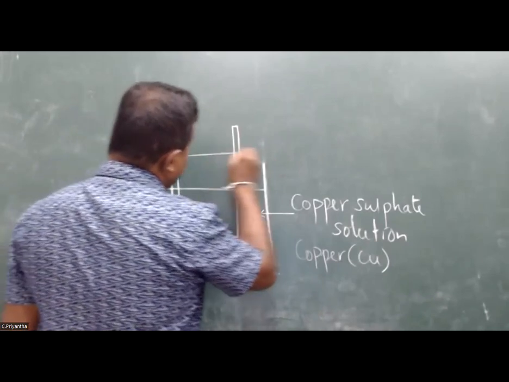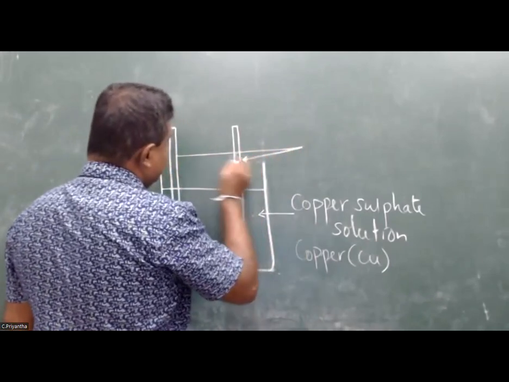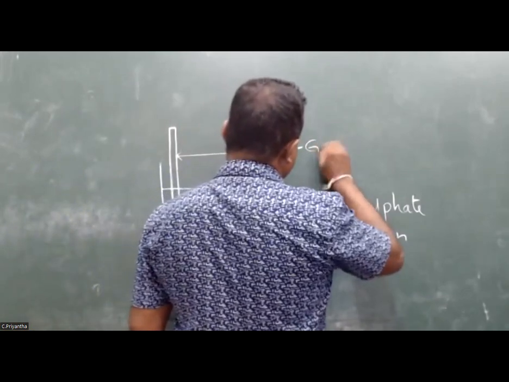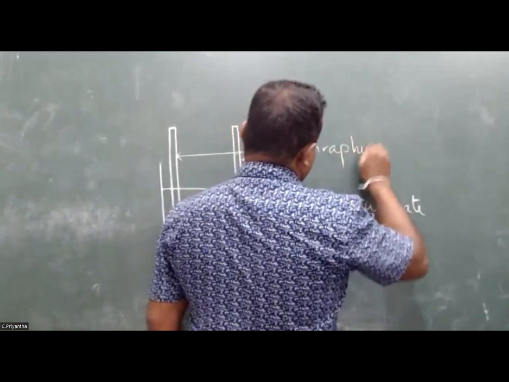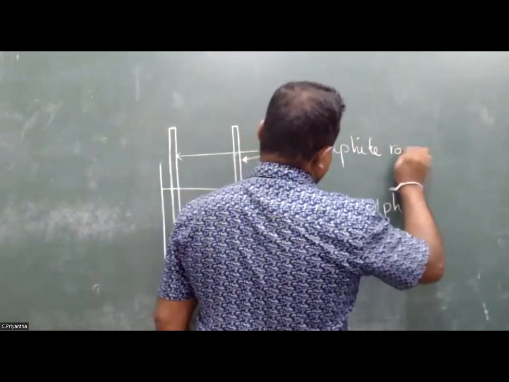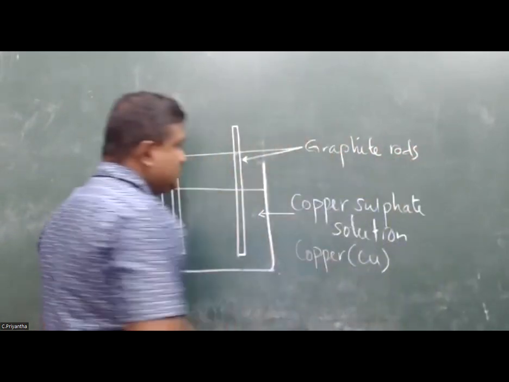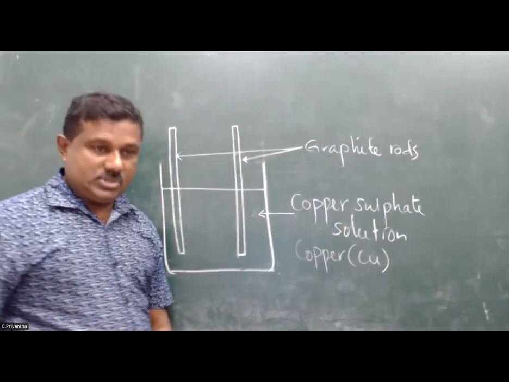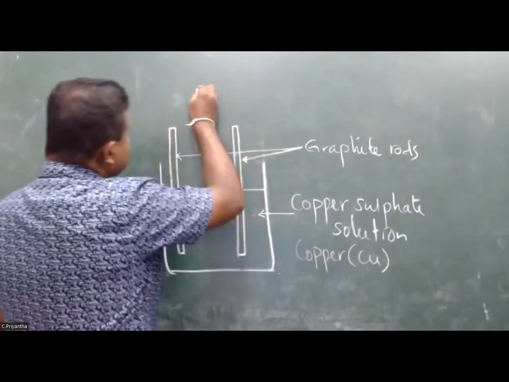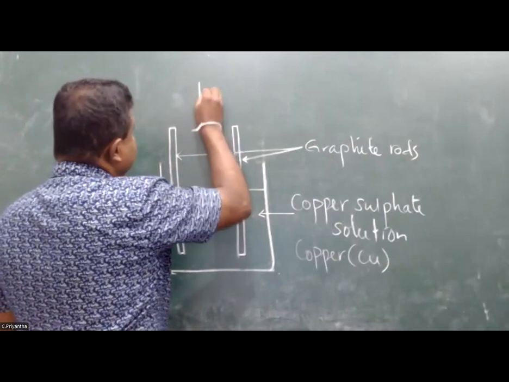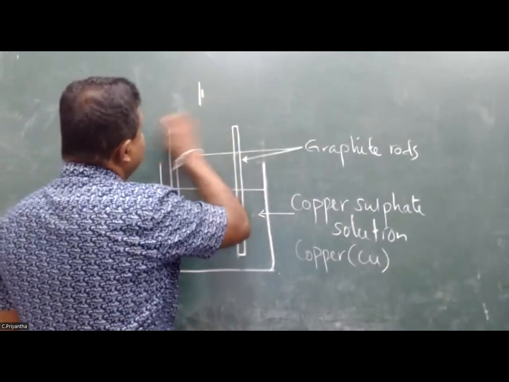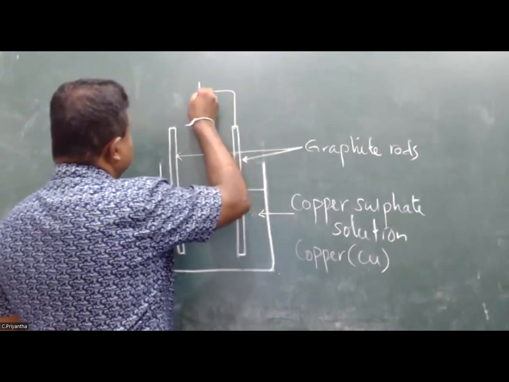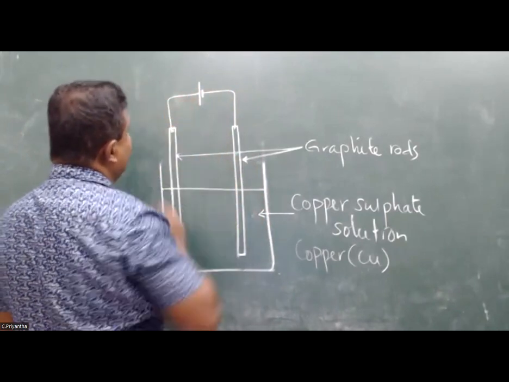Graphite rods means carbon rods. Having connected these two graphite rods, electricity is supplied by a source of electricity, meaning a dry cell or a battery.